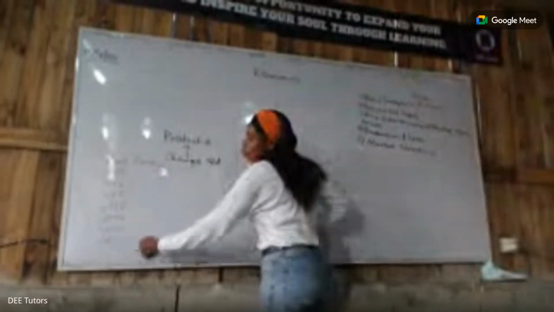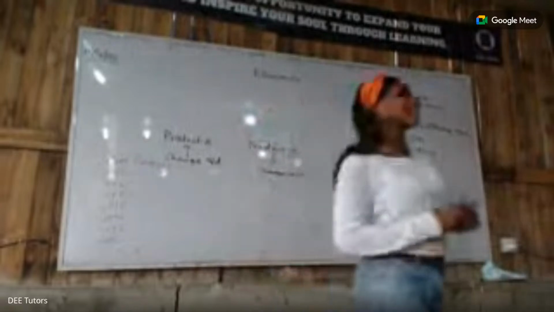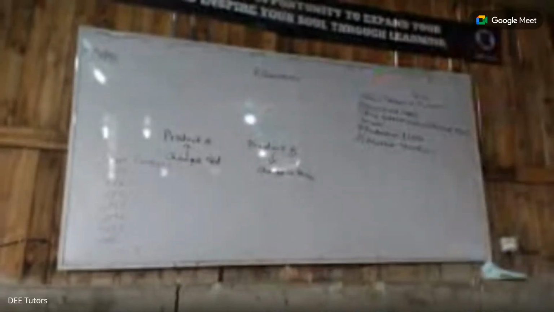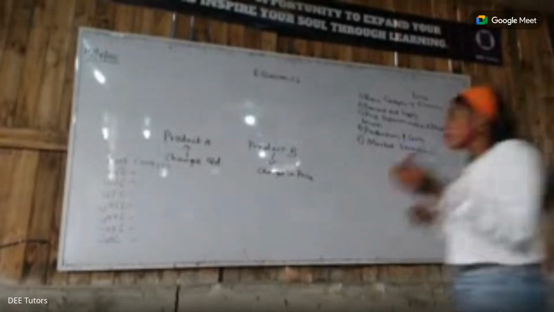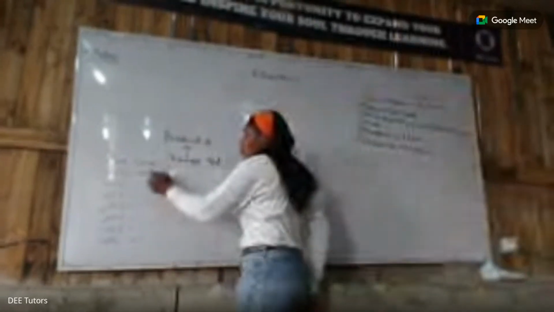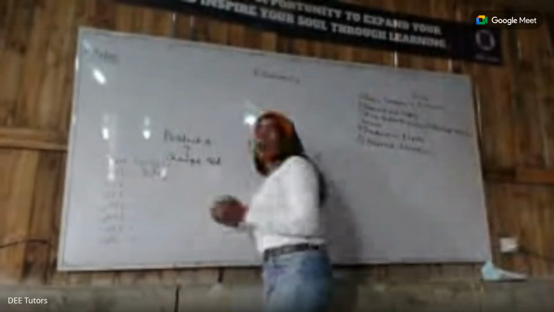Anybody tell us what constitutes total cost? The total cost that is incurred on production of goods. What constitutes it? Fixed cost plus variable cost. Fixed costs are costs that don't change over time, no matter the level of production.